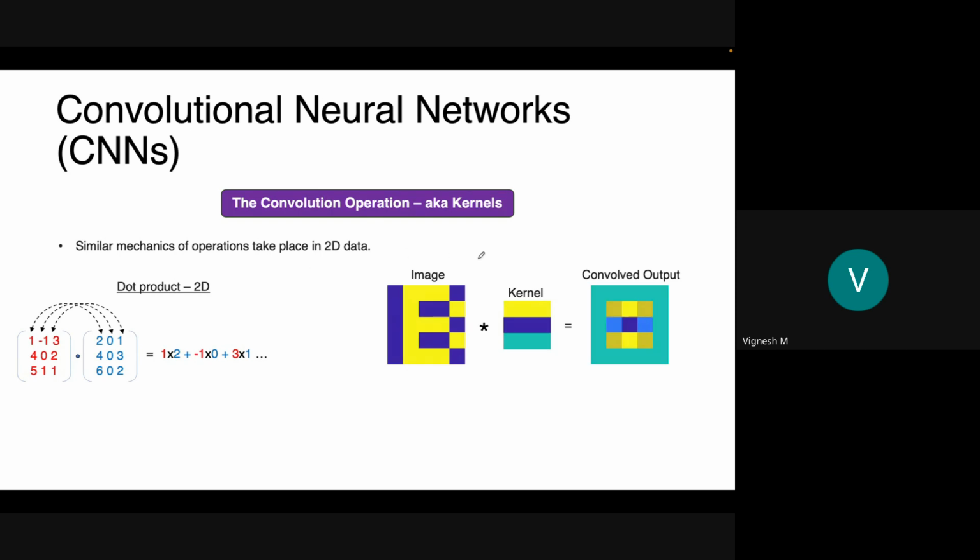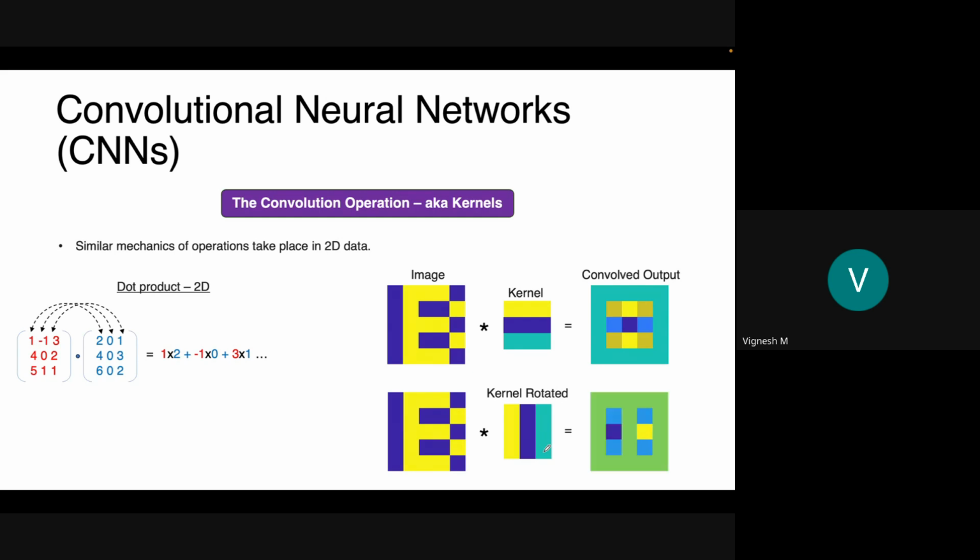Again, the sides are not there, no values there. Now if I rotate this kernel like this and then convolve with the image, the output looks like this.